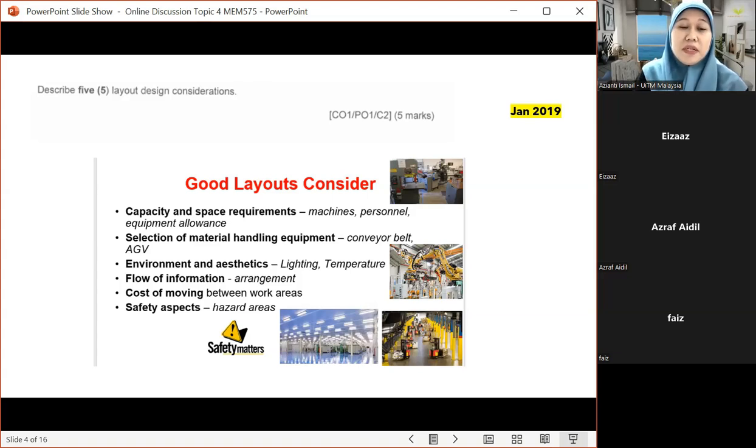And flow of information is very important. Dekat layout tu, mana pintu masuk, where is your entrance and where is your exit is very important. Entrance and exit kalau boleh jangan share because it's going to be difficult. So especially we have a big factory, make sure ada one way in and out. Jangan bagi lori tu patah balik sebab it can cause hazard, accident and so on.